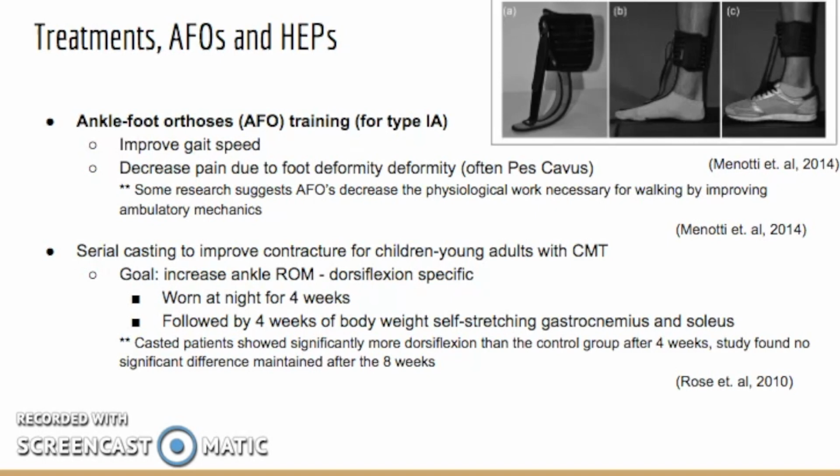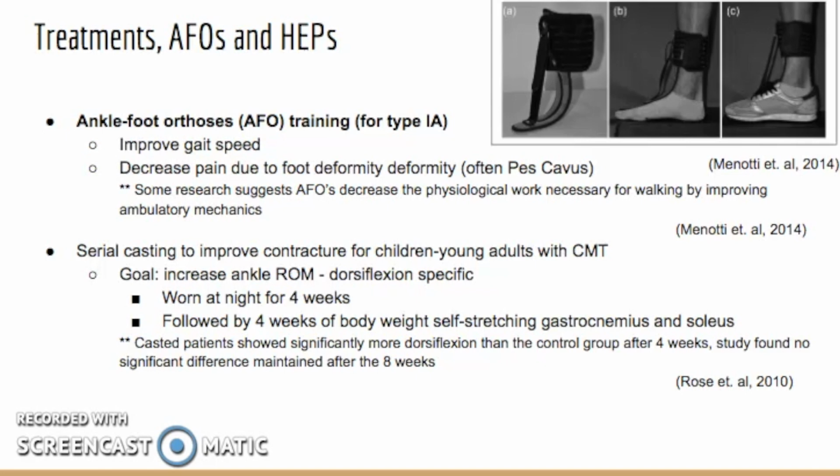Participants were allowed to walk at their chosen speed, with their steady-state oxygen consumption and carbon dioxide measured and compared between the 2 laps. The conclusion they came to was that using the anterior ankle-foot orthoses, such as the ones pictured above, they were able to decrease the physiological work necessary to walk the same distance in shoes only. They concluded that this improved walking speed and distance and was likely due to improved walking mechanics.